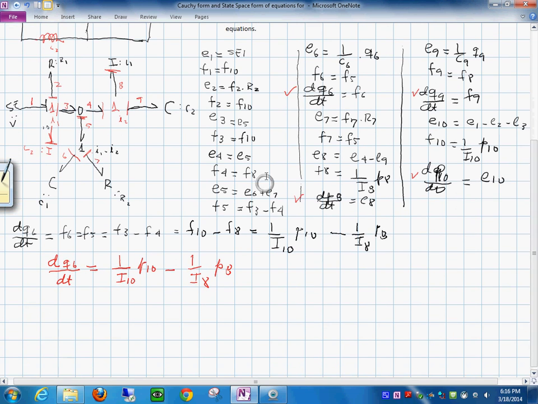That is the first equation. There are 4, remember. We need to go over here, dP sub 8 dt. So dP sub 8 dt is equal to E sub 8. But E sub 8 is E sub 4 minus E9.